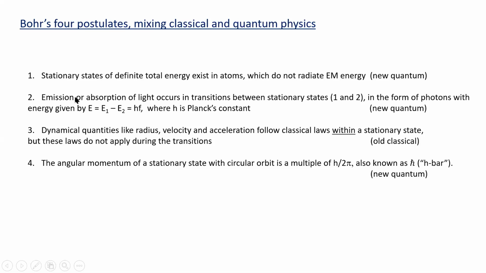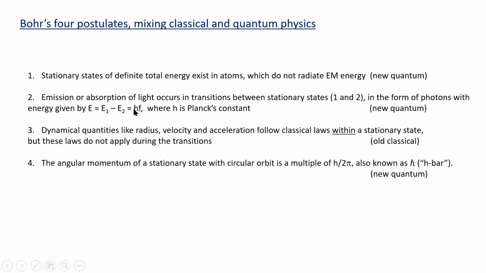The second was that emission or absorption of light occurs in transitions between these stationary states. Let's call them state 1 and state 2. And when there's a transition between stationary states, energy comes in the form of photons, packets of light, with an energy given by the difference, E1 minus E2, between the two stationary states.